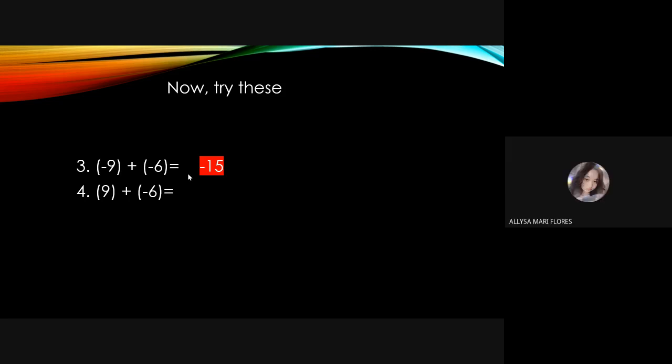So, tandaan niyo yung sinabi ko. Positive 3. Okay? We will subtract negative 6 from 9. So, 9 minus 6 is 3, then copy the sign of the greater absolute value. Okay? For further explanation, I will give you later, no? Yung absolute value.